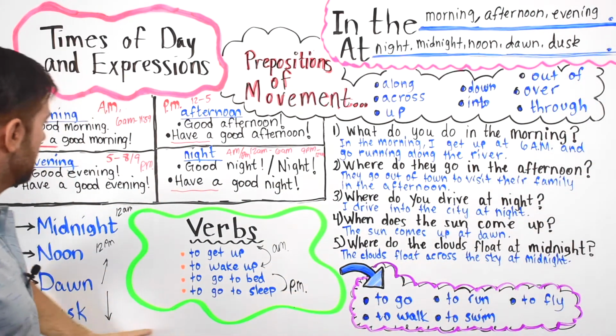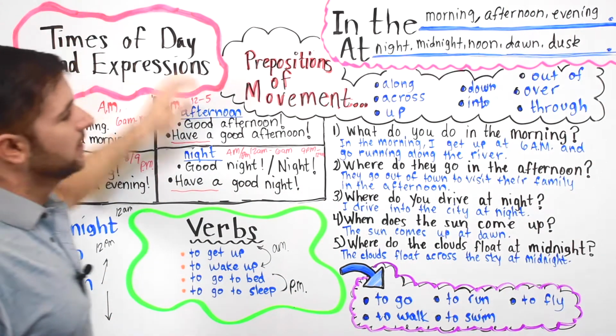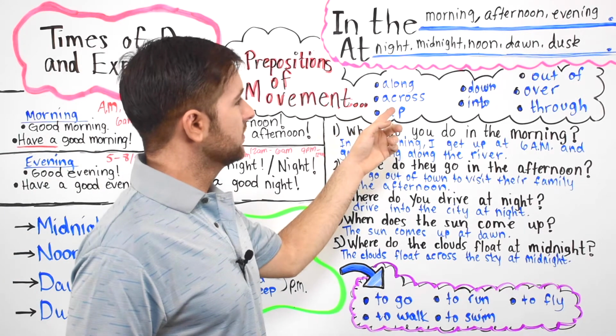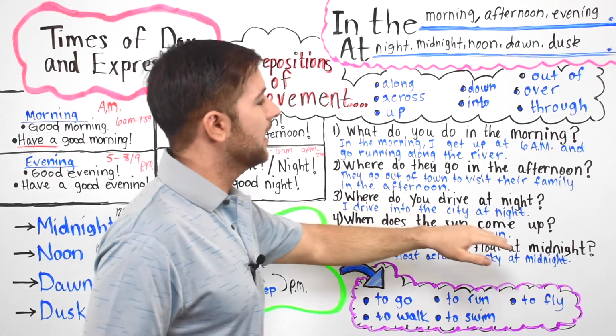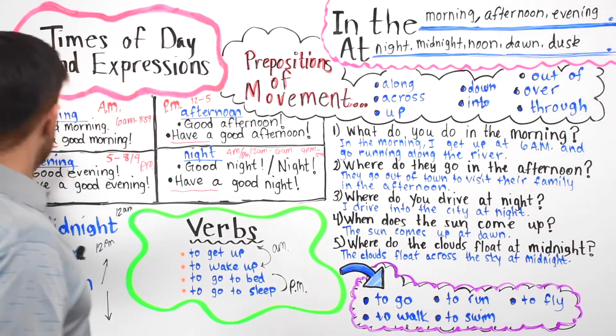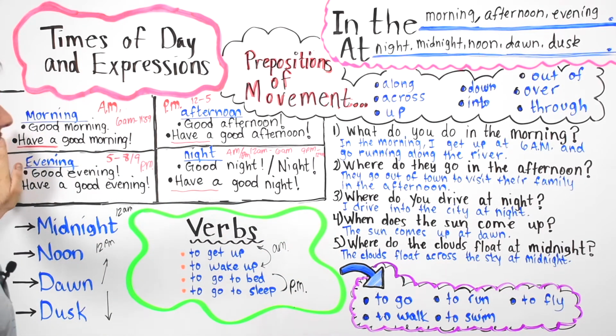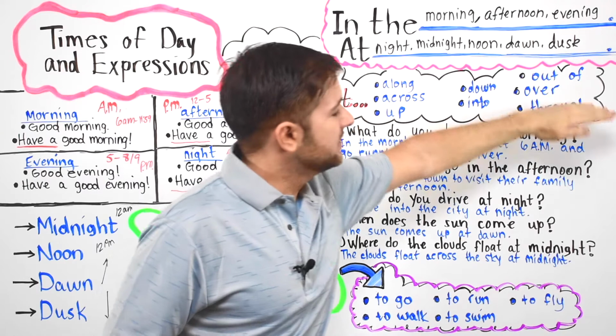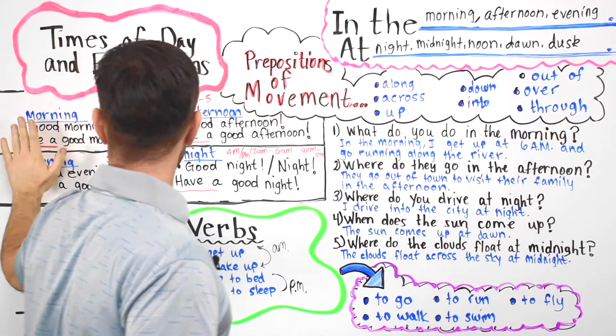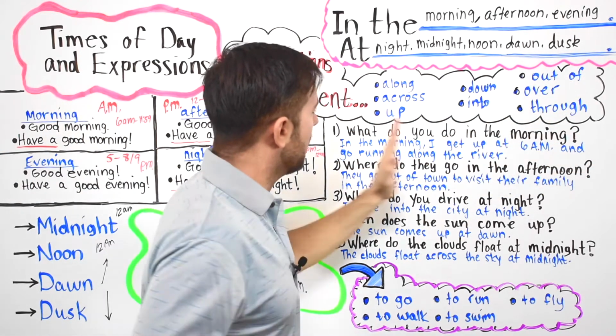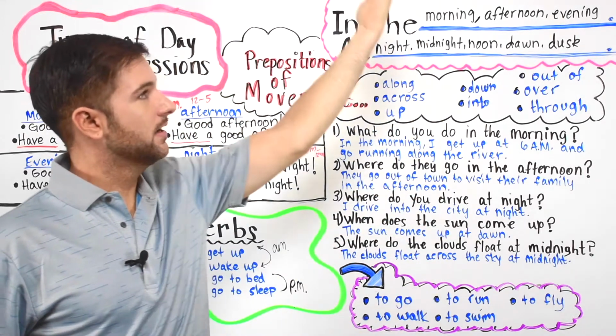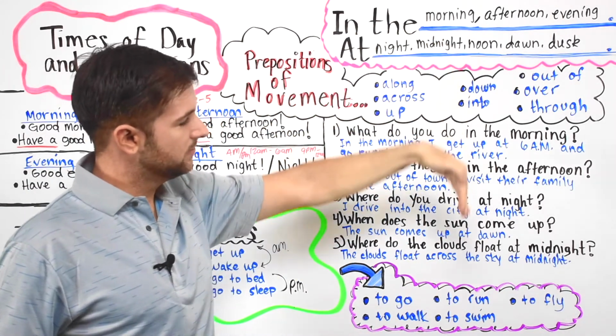My hand goes along the whiteboard. Across means on the other side. So this is the left side of the board, and then across is the right side of the board. Then we have up, and then you have down.